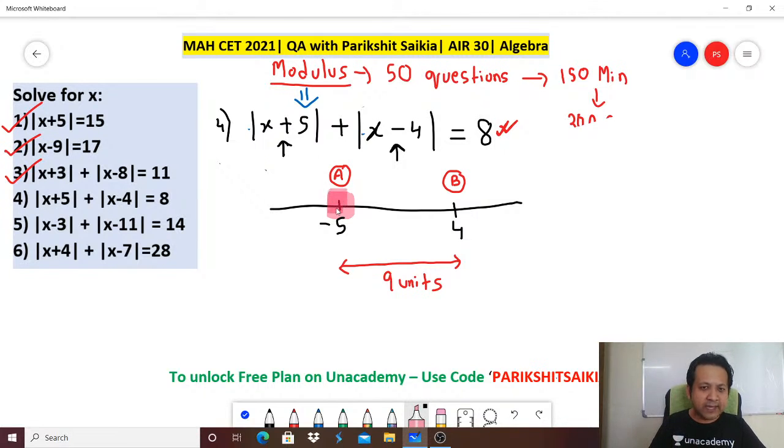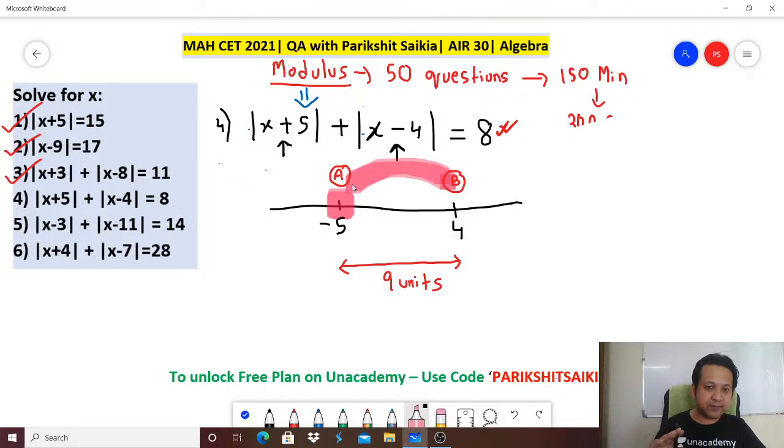Now let's say I meet at A's house. If I meet at A's house, it means B has to come to A's house. Will you agree? But if B comes to A's house, minimum 9 units have to be covered. Otherwise, B cannot reach A's house.